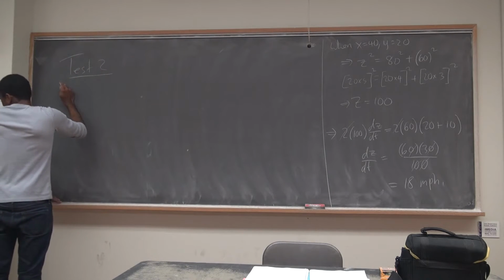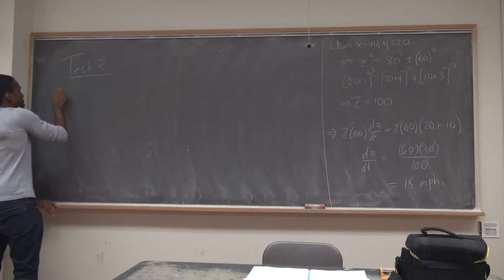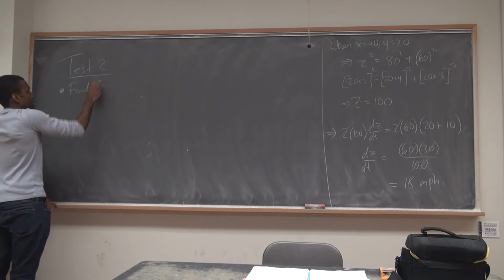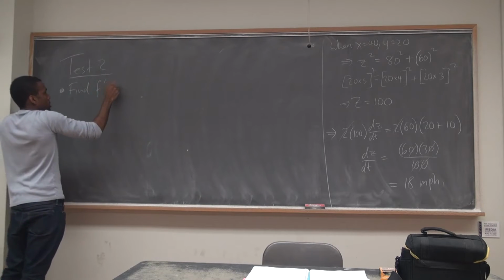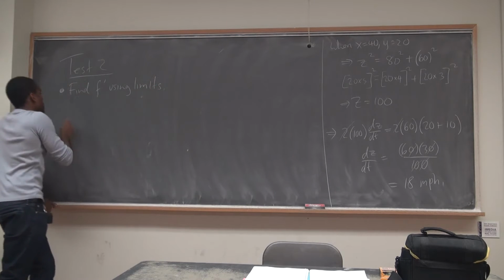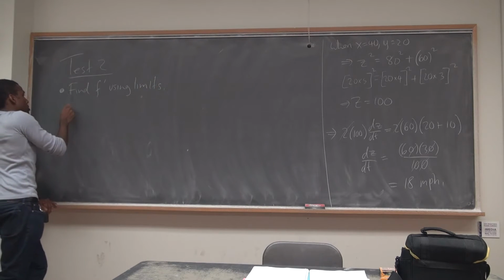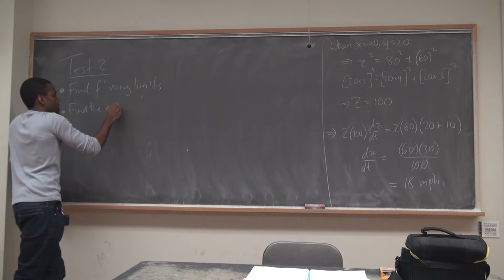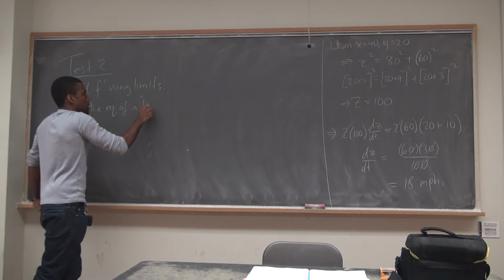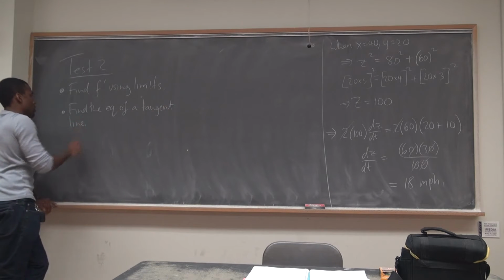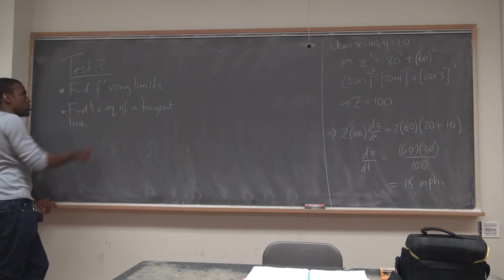So some things I know for sure that you need to know at this point. You definitely have to know how to find f prime using limits. You're definitely going to need to know how to find the equation of a tangent line, which could be part B to a problem like this.